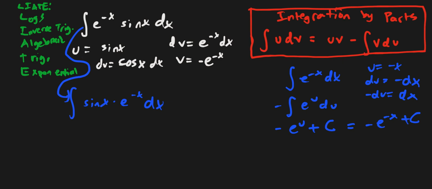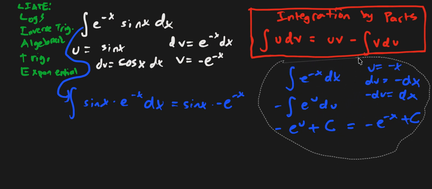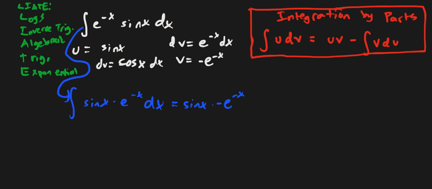And that's going to be equal to u times v, which is sine x times negative e to the negative x. And I don't need this stuff here. This was just to remember. And this is equal to minus. We can take that minus because we have a negative, we can make that positive. And then e to the negative x du is just cosine x dx.